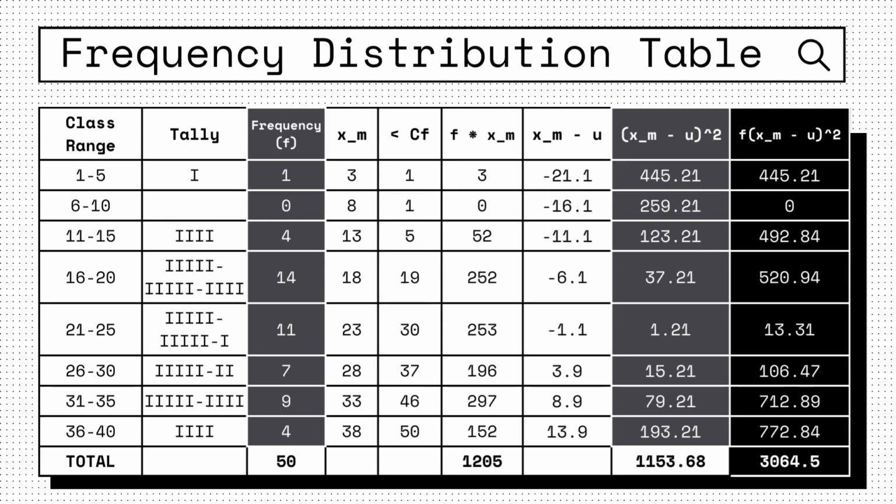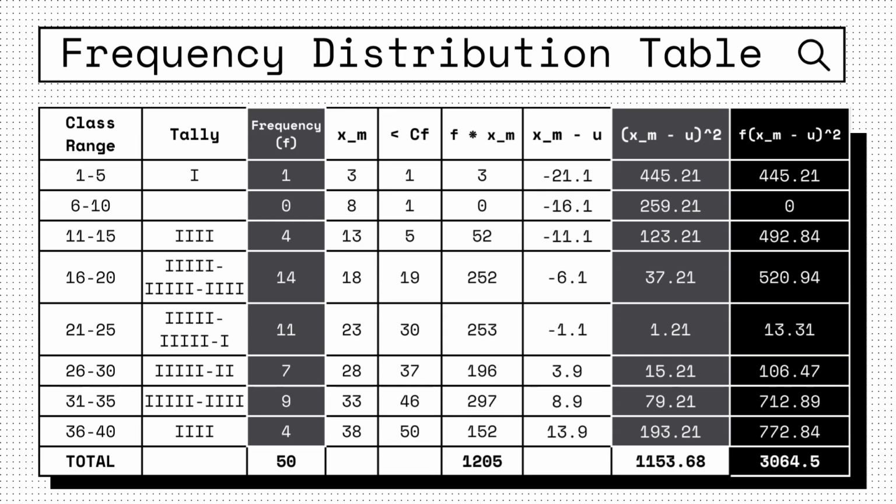For the second one, we have 259.21 times 0, which is equal to 0. For the third one, we have 123.21 times 4, which is equal to 492.84. For the fourth one, we have 37.21 times 14, which is equal to 520.94.